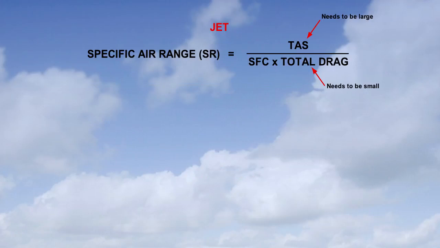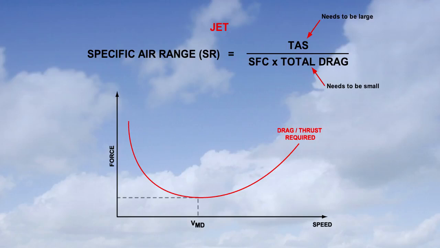Let us now focus on the specific air range of the jet aeroplane. We stated earlier that to maximize the range, the TAS must be high and the specific fuel consumption and the drag must be low. Shown on screen is the drag curve for a jet aeroplane. If the aeroplane were to fly at VMD, then of course the drag force would be at its lowest.